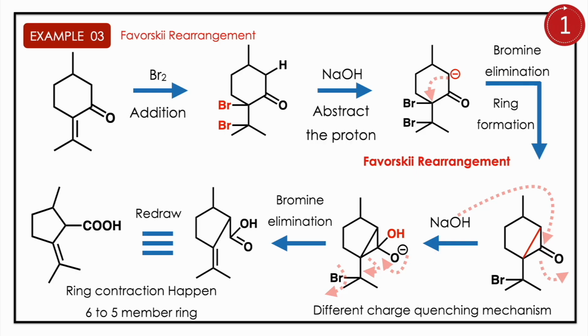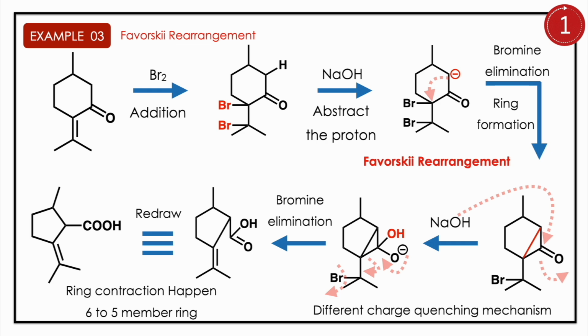So the first step will be abstraction of a proton. Here you have an alpha hydrogen. It is abstracted by sodium hydroxide. You have the anion. The anion is the nucleophile. It attacks the alpha bromine. It forms cyclopropanone. Then sodium hydroxide attacks the carbonyl. The cyclic ring opens, on the bromine side, to quench the charge. So the ring opens, bromine eliminates, and you end up with an alkene.